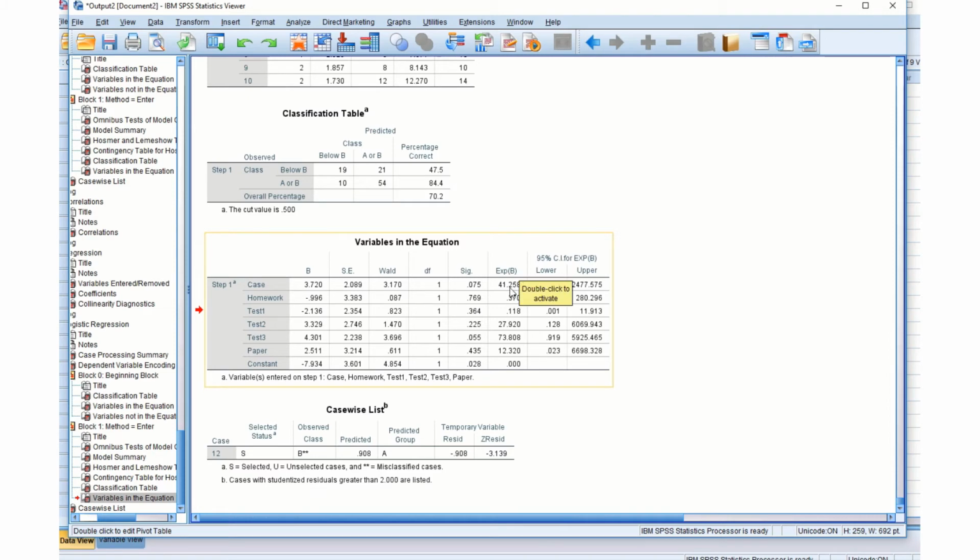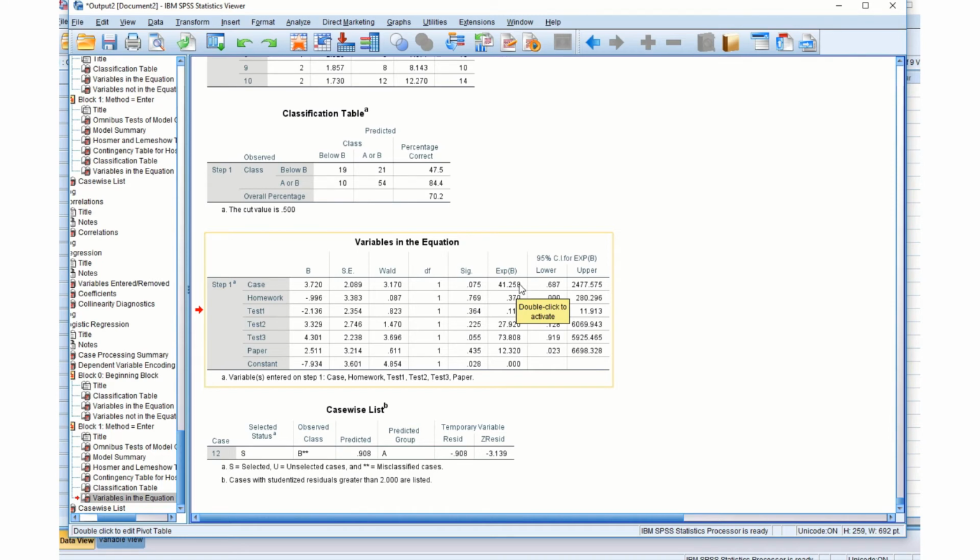So you take the e value, the natural log raised, and you come up with this value. This is super important, and you probably looked at this before, but what it basically means is that if somebody improves in their case score, it has an impact of 41 times the weight in placing them in the A or B group.